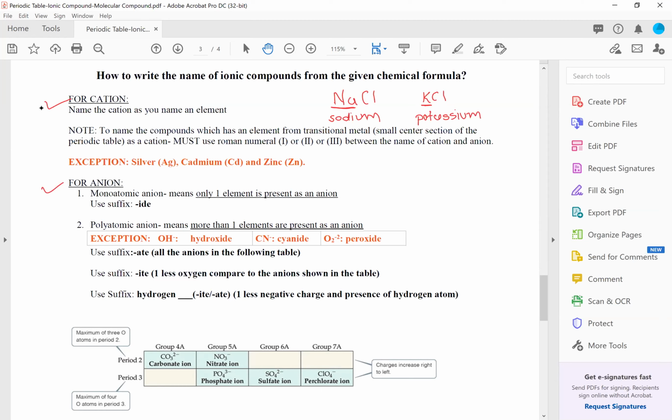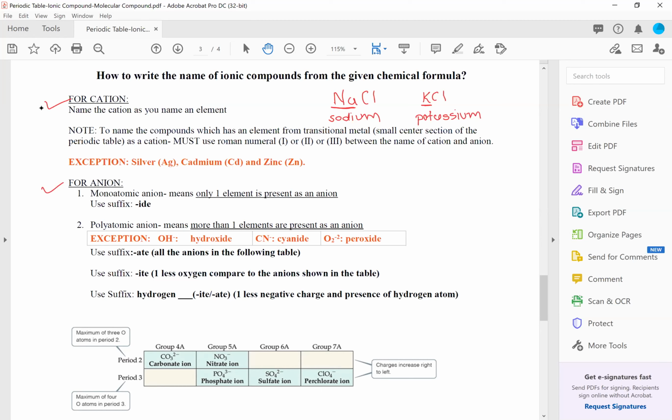Now, if you remember, we also talked about the transition elements, right? The middle section of the periodic table, in which they could carry more than one charge, right? It could be possible that they carry +2 as well as +3 charge. They may carry +1 or +2 charge.